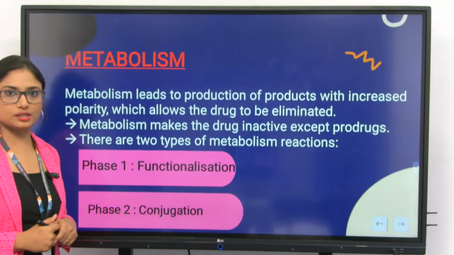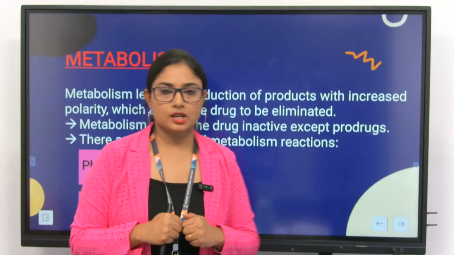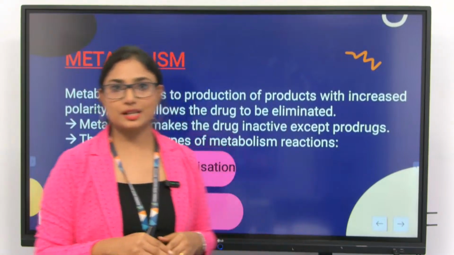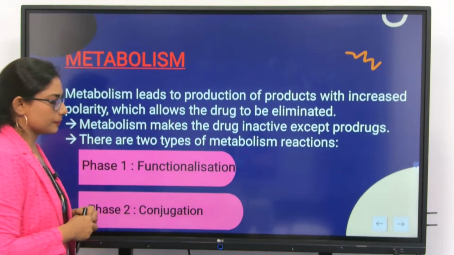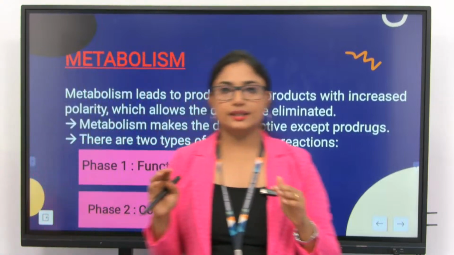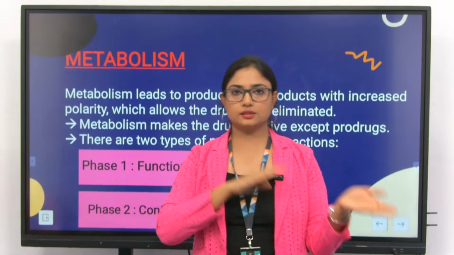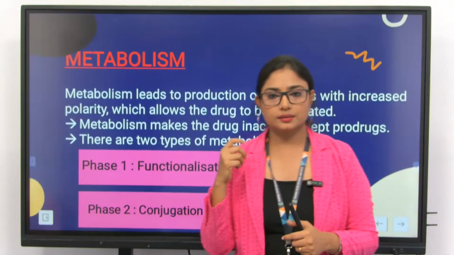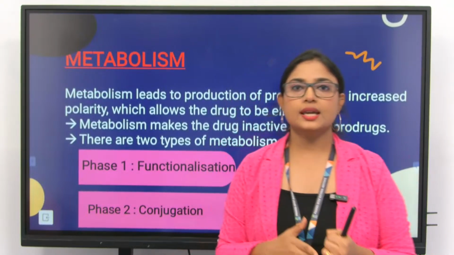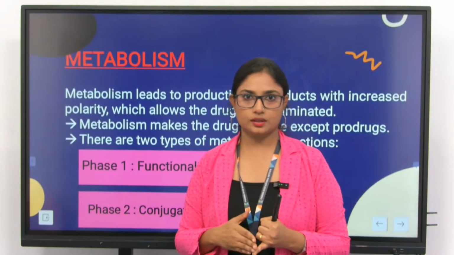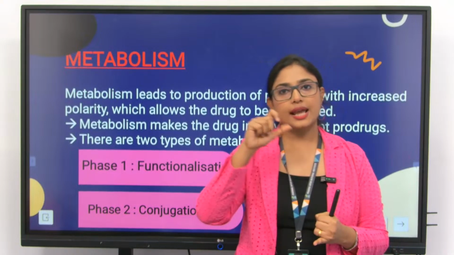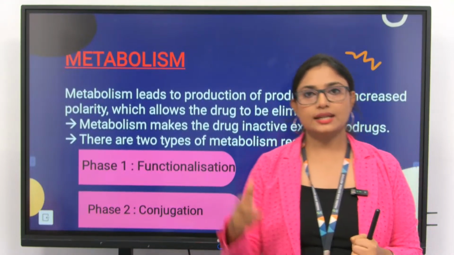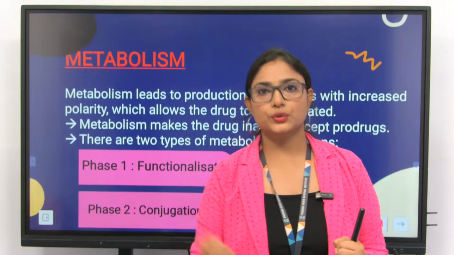Next is the metabolism. What is this metabolism? So absorption is over, distribution is over. Next factor is metabolism. Now you can clearly understand what is this lipophilic to hydrophilic state. As I've mentioned, for easy diffusion, the drug should be lipophilic in nature. For excretion, it should be hydrophilic in nature so that it can easily get dissolved in the urine.